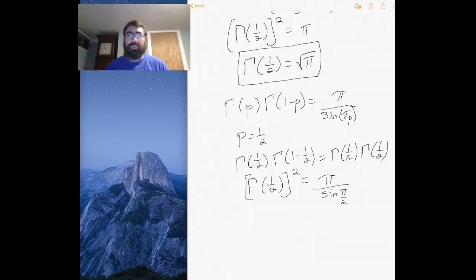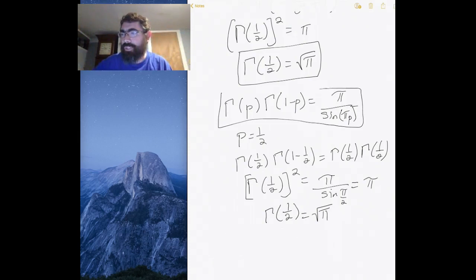Sine of pi over 2 is equal to 1. So that's equal to pi. So the square of the gamma of 1/2, again, is equal to pi. So we've come about it in two different ways: one which we derived, the other which I just stated as a fact. But in the end, what we find is that gamma of 1/2 is equal to the square root of pi.